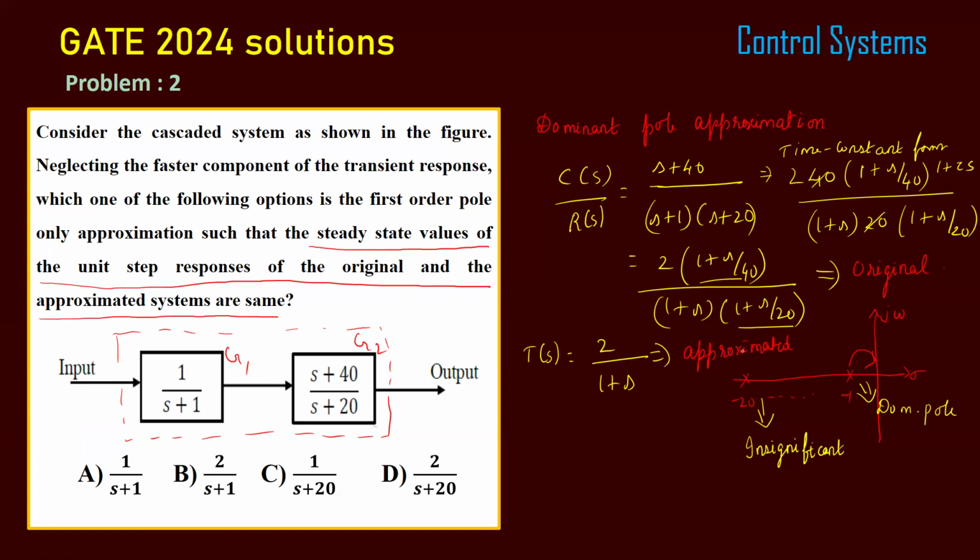So we need to check whether the step response is the same for the original and approximated systems. For that, we can use limit s tends to 0 of T(s), by substituting s as 0 in the original transfer function.